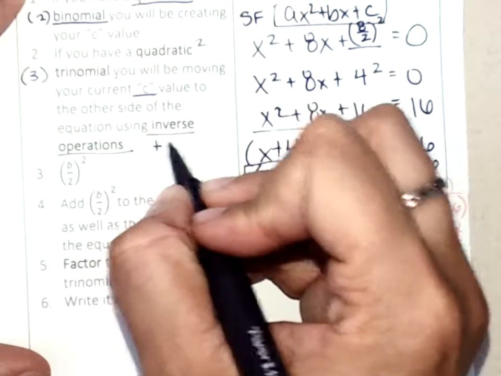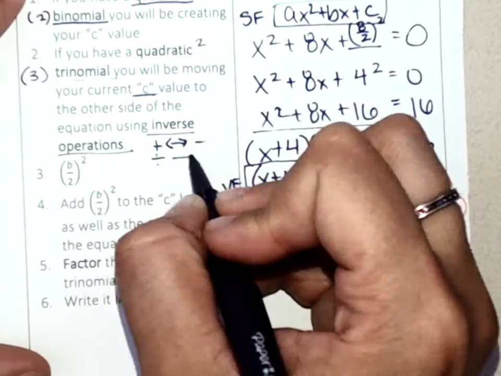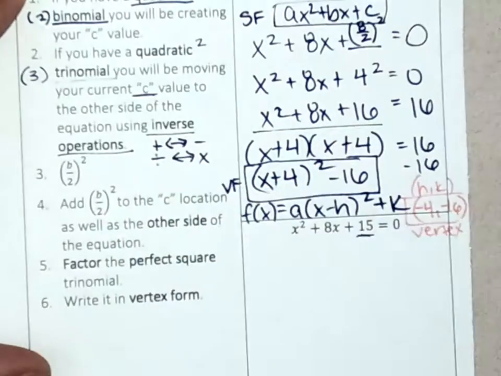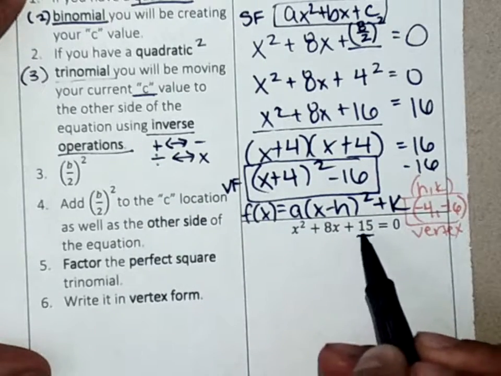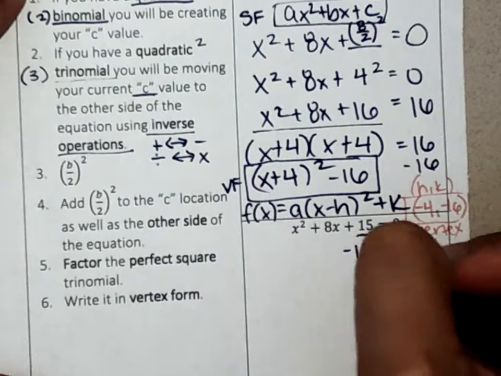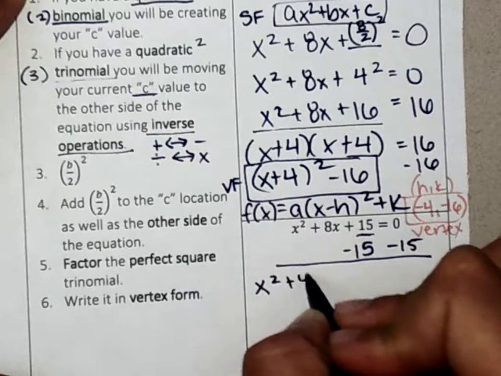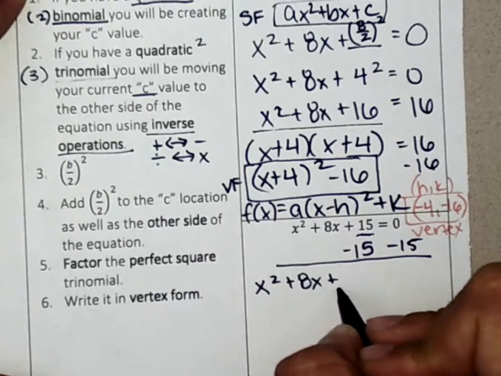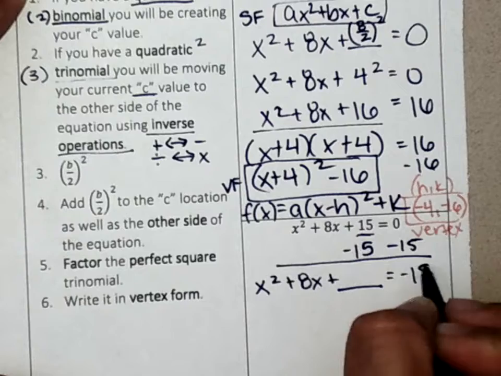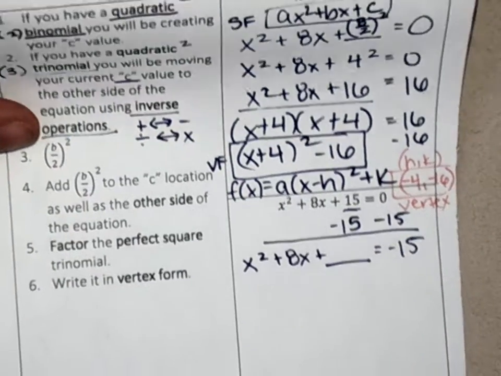This means that plus and minus are inverses, and division and multiplication are inverses. So because this is a plus 15, the opposite of plus is minus. So I'm going to subtract 15 to both sides first, leaving me with x squared plus 8x plus blank equals negative 15. Now we're going to leave this blank because this is where we're going to be completing our square.